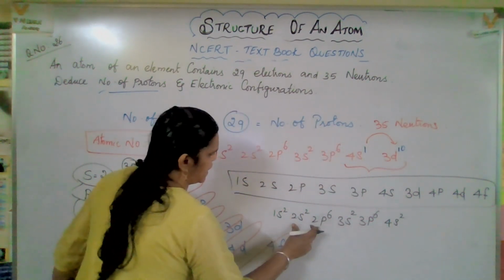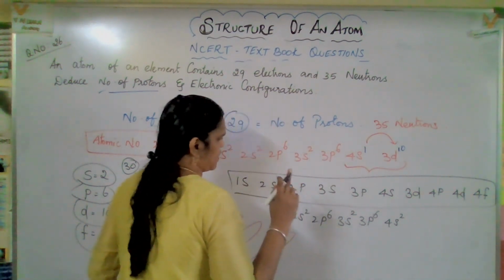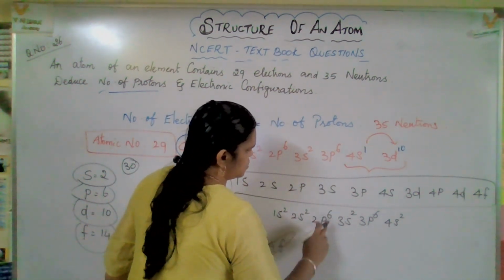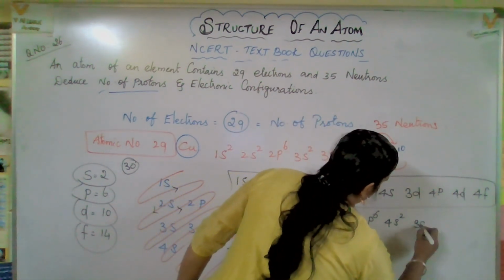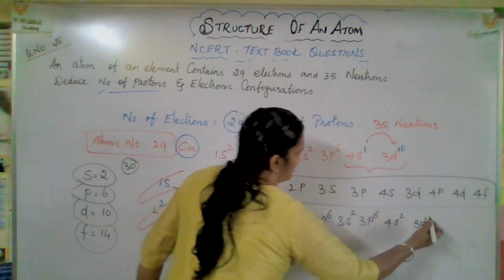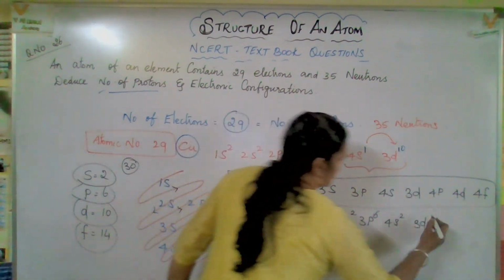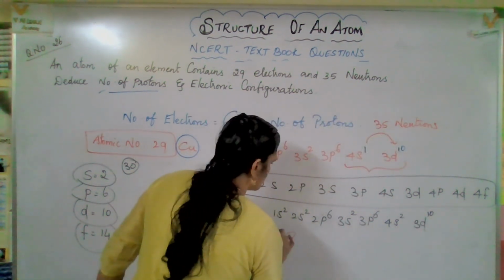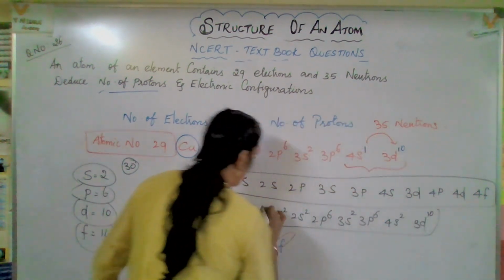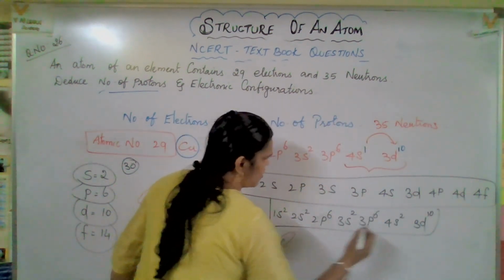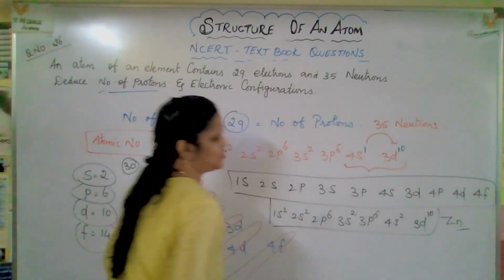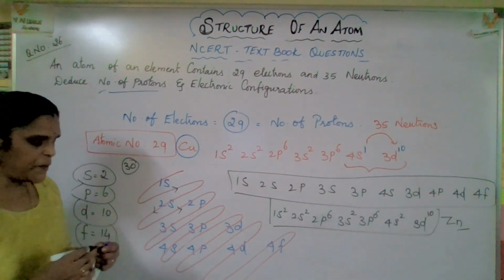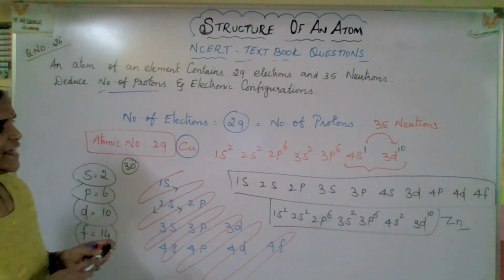So that means here 10 and 10, 20, then 10 more electrons are remaining. 1s2, 2s2, 2p6, 3s2, 3p6, 4s2, 3d. How much is there? 10 electrons are there now. Yes, we can give 10 electrons in this. This is the way you can fill. So this is atomic number 30, the zinc electronic configuration. I hope you got an idea how to fill the electrons.